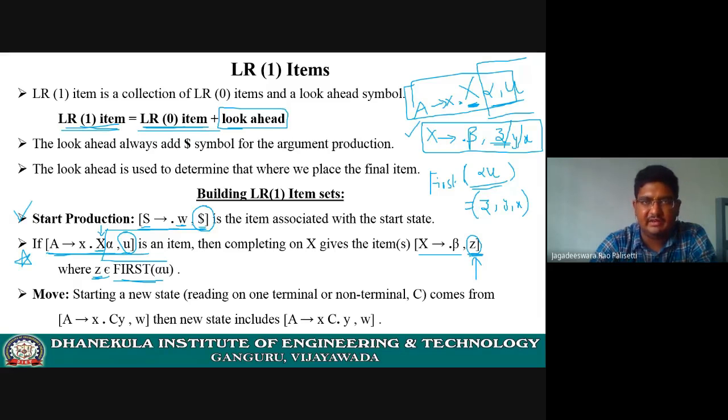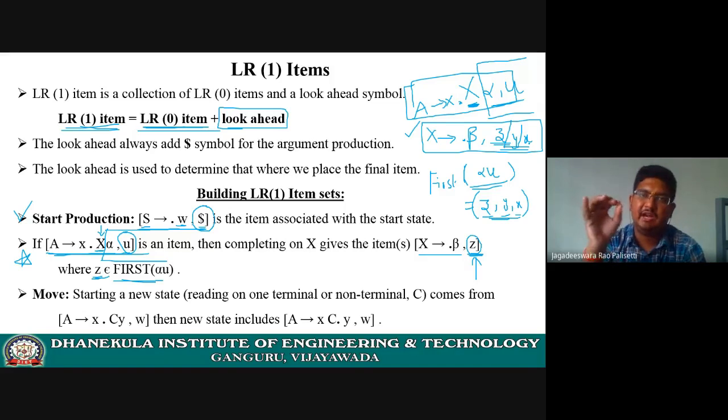If your first function gives three or more terminals, like small z, small y, small x, why am I considering small? Because the first function gives terminals. So we take all those terminals as a look ahead. That's why here I wrote comma z slash y slash x. That is the way we create a look ahead symbol.